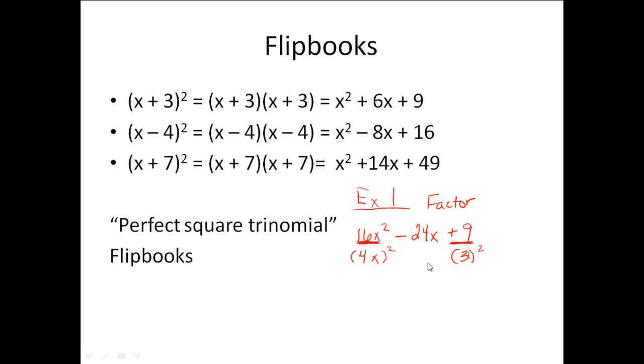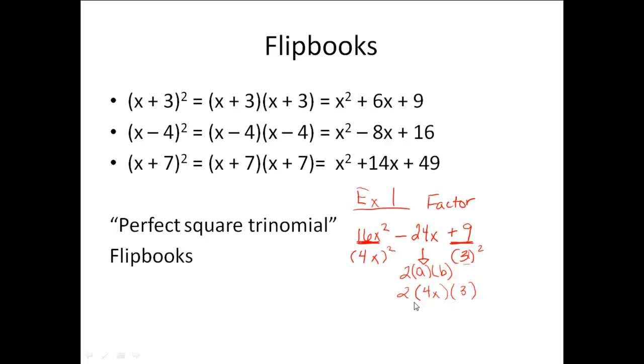Now, in order for this to work, I have got to check, is this middle term equal to 2 times a times b? So I'm going to plug those numbers in. Do I have 2 times 4x times 3?